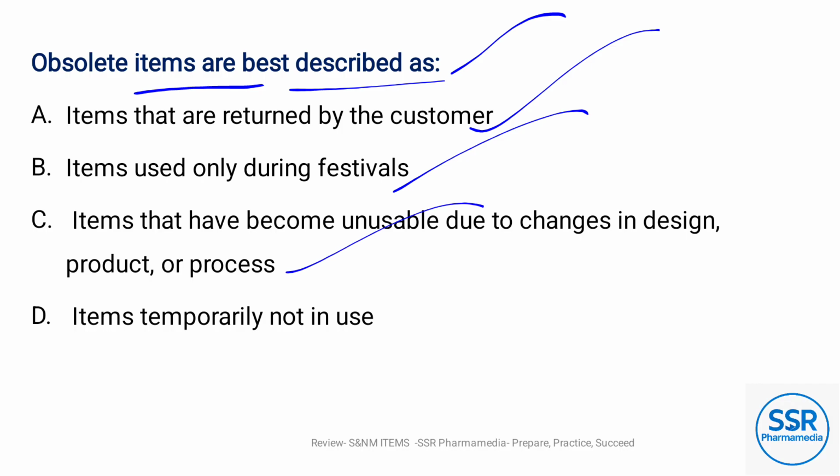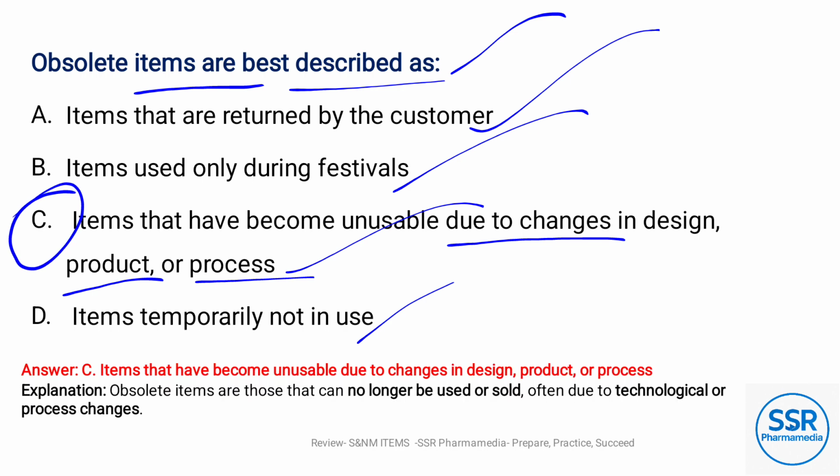Option C. The items that have become unusable due to changes in design, product, process. Option D. Items temporarily not in use. So, you will know the answer is option C. So, obsolete items are those that can no longer be used or sold, often due to technological or process changes.